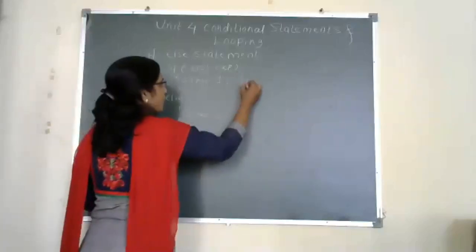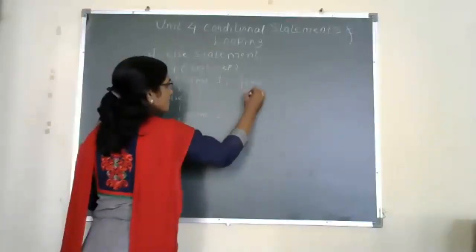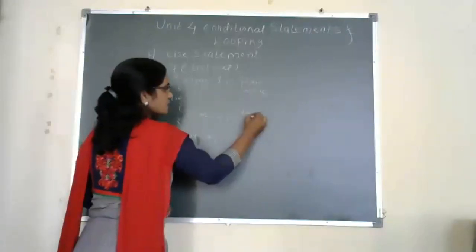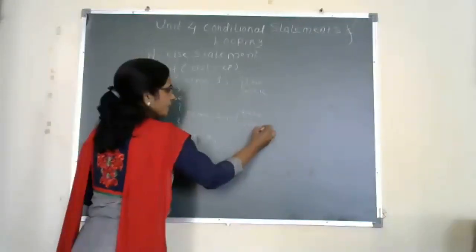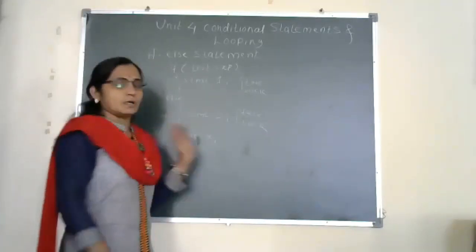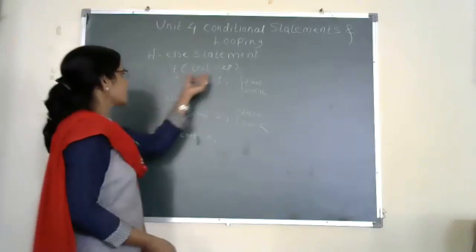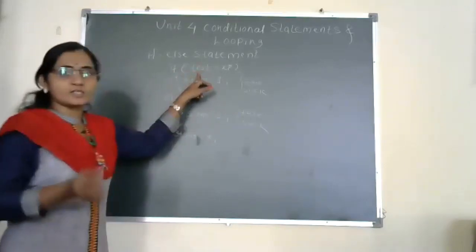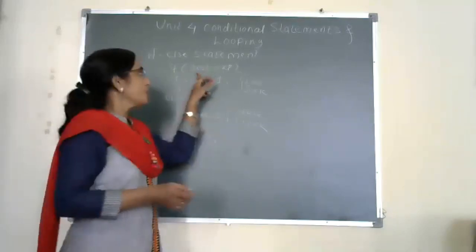This block is called the true block. This block is called the false block. So according to this syntax, the test expression, or this condition, will be evaluated first.